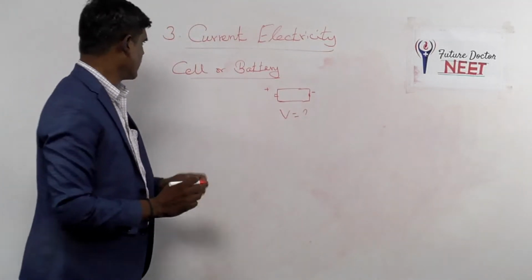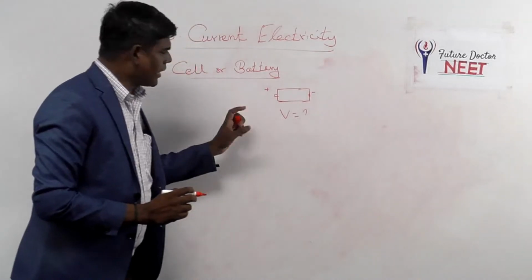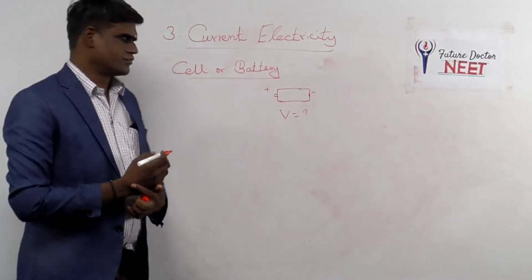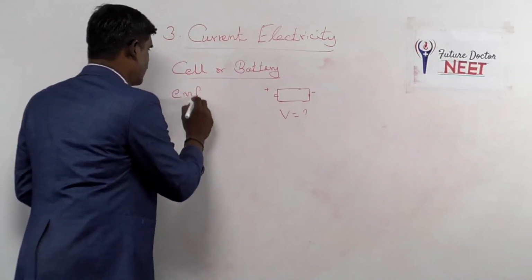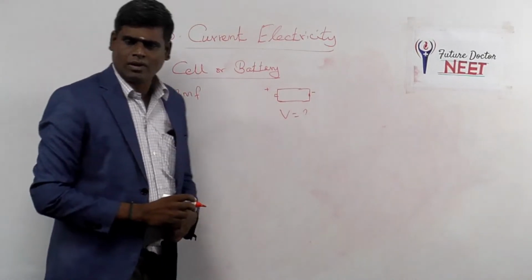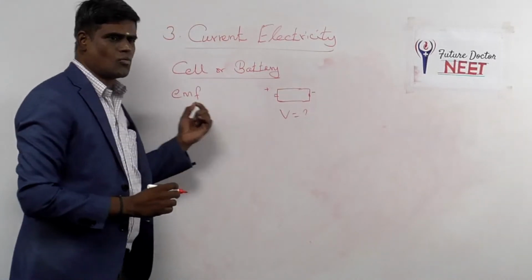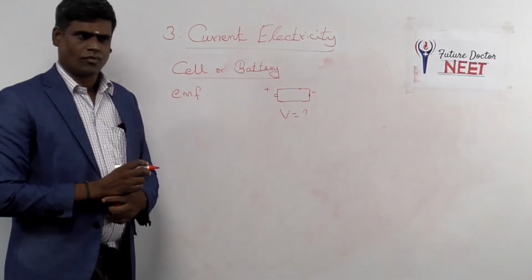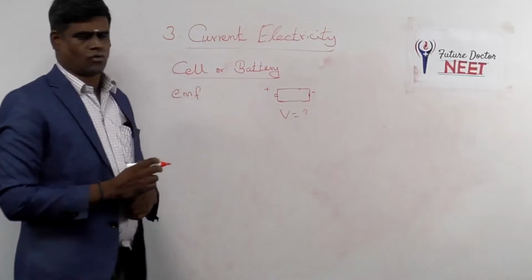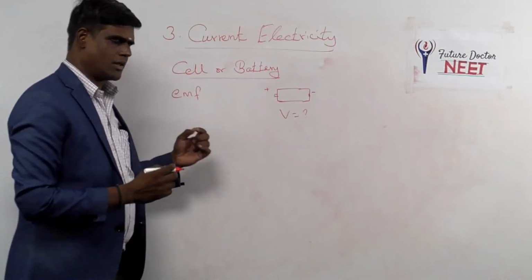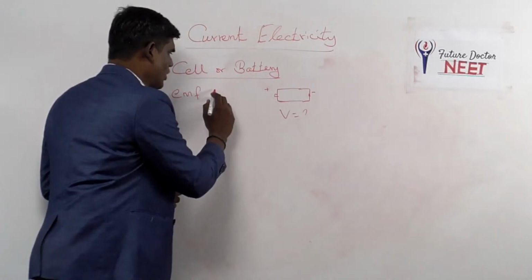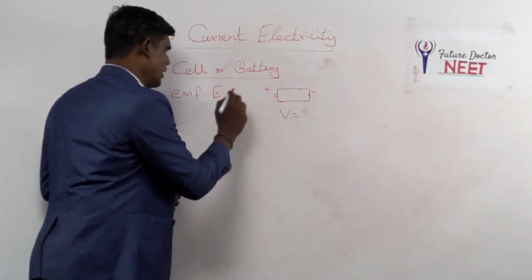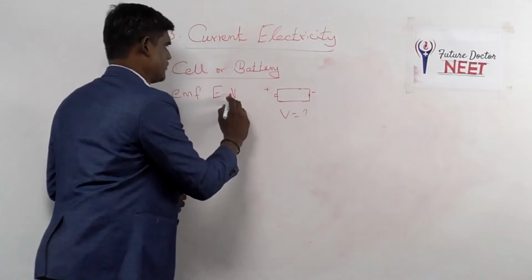A cell or battery contains a particular value that we call EMF, electromotive force. EMF is denoted by E, and its unit is volts.